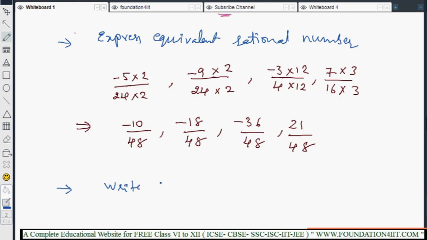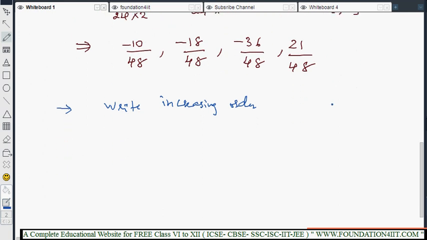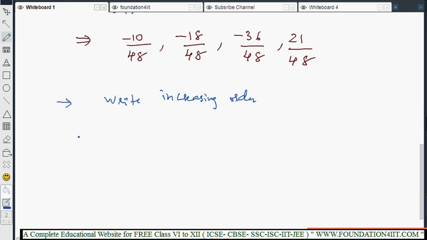So write increasing order by comparing the numerators, because the denominator is fixed, the denominator is the same for all. Now according to that, the first one is minus 10. If you observe here, minus 10, minus 18, minus 36 and 21.